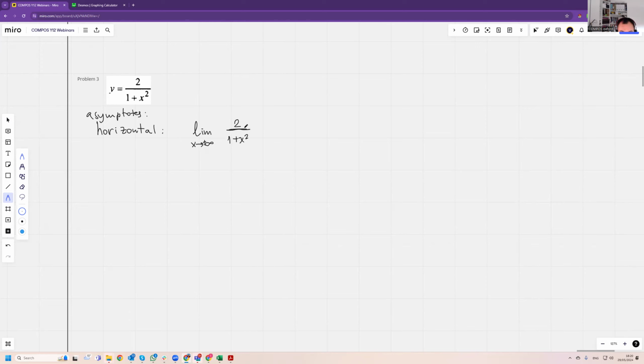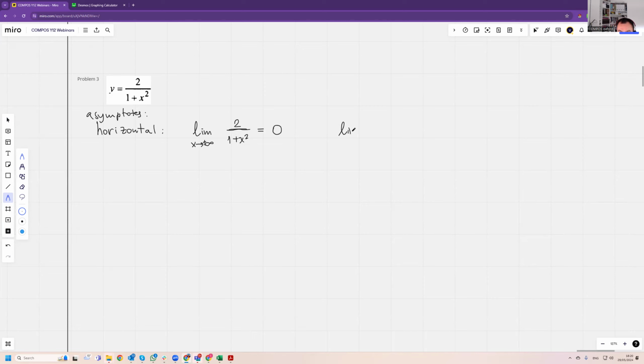And as you can see, as x tends to plus infinity, this becomes, what's the limit? 0. Yes, of course, it's 2 divided by 1 plus infinity squared. So 1 plus infinity squared is infinity. 2 divided by infinity is 0.